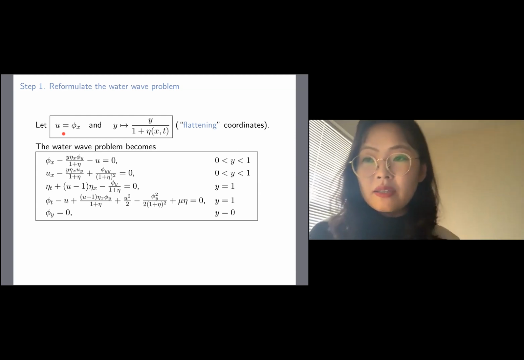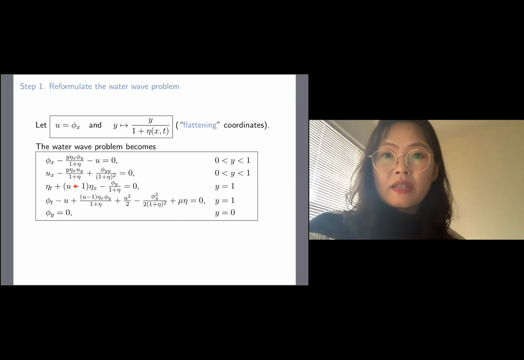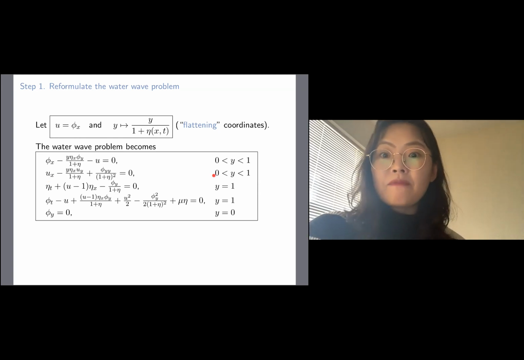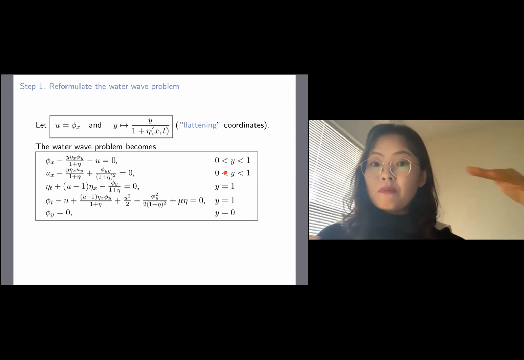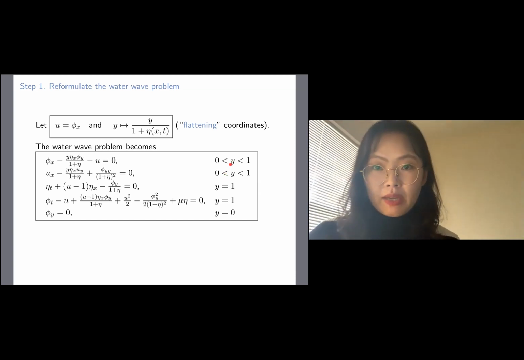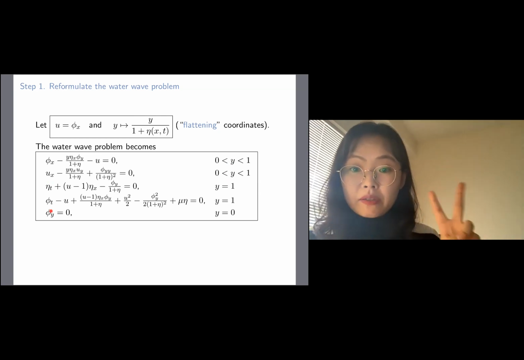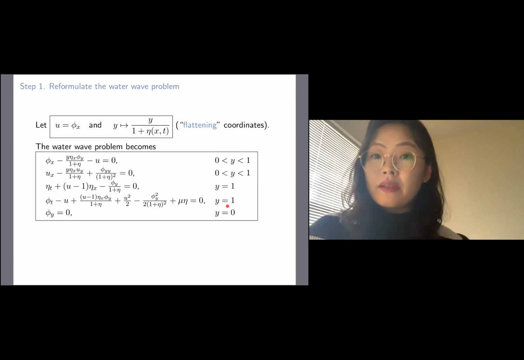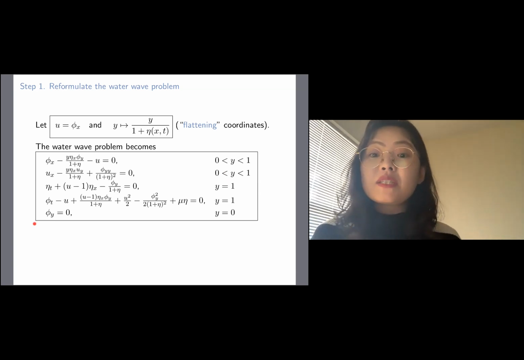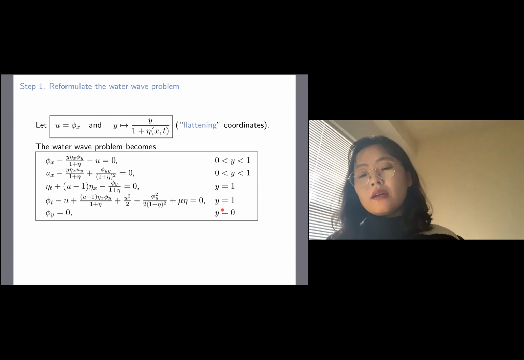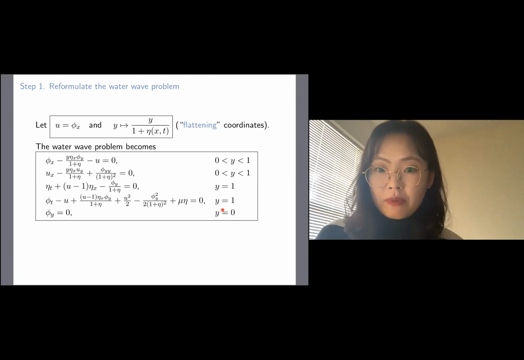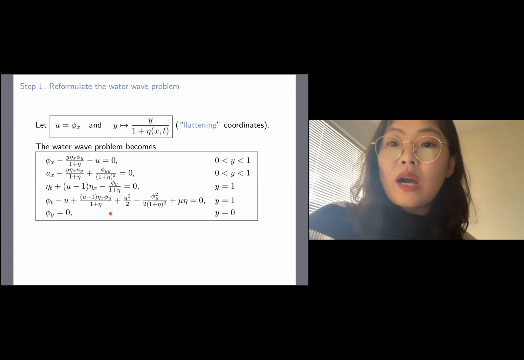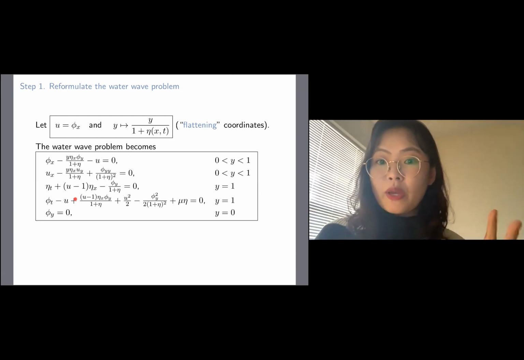After the reformulation, we have a formulation in this box, and the first two equations are rewriting the Laplace equation, now in the fixed domain, the fixed infinite strip between 0 and 1 in the y direction. The third and fourth equations are two boundary conditions at the free surface. Now the boundary is fixed at y equals 1. And the last equation is the boundary condition at the fixed bottom, y equals 0. And after we find a Stokes wave and Stokes expansion to this formulation, then we linearize this problem about that Stokes wave of small amplitude.